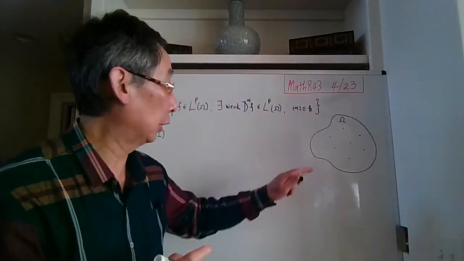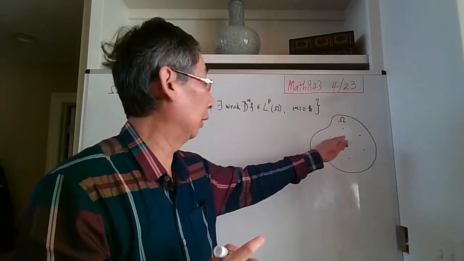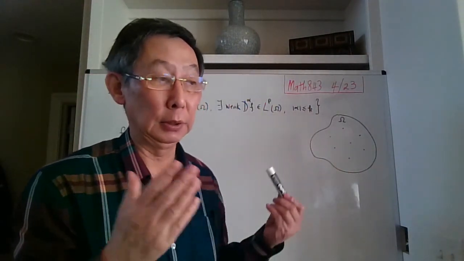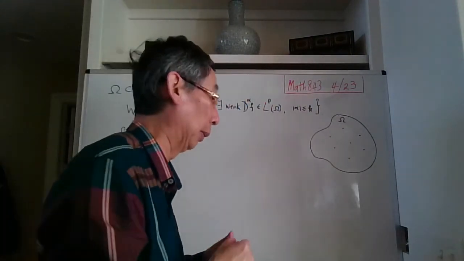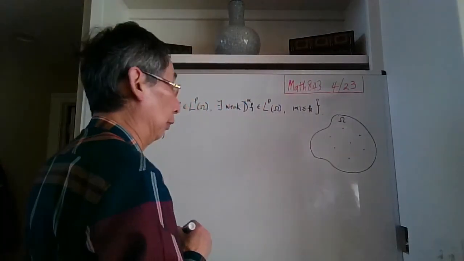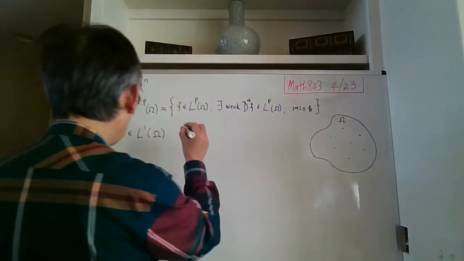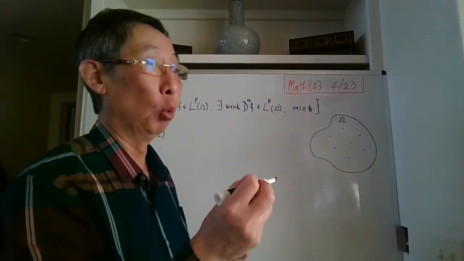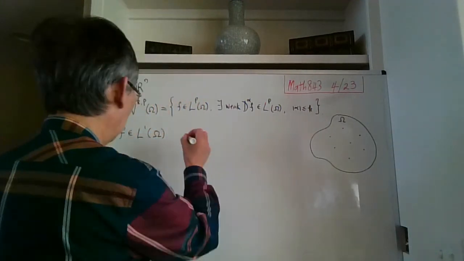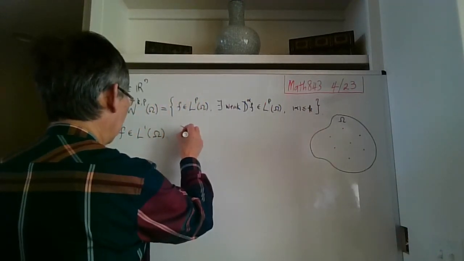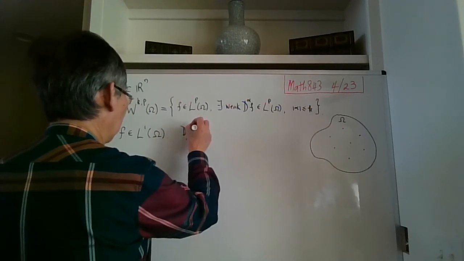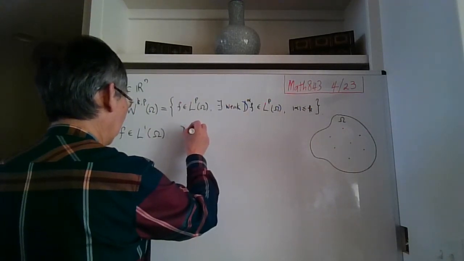Those are the bad points. At these points, the function may carry some corner, similar to a corner. In the multidimensional case, the function is not differentiable there. Let's consider one of the partial derivatives of f. Let's say D_j is a first order partial derivative in the j-th direction.